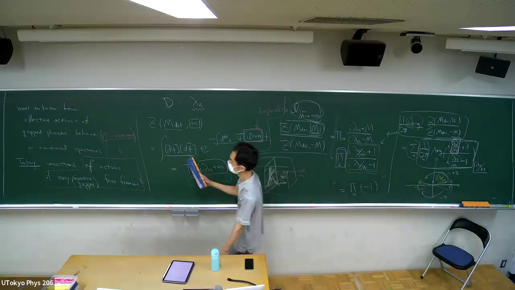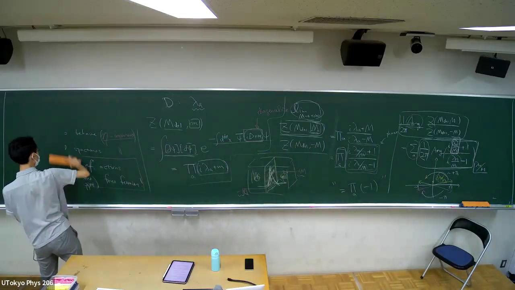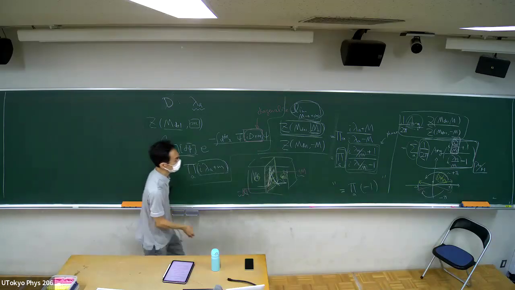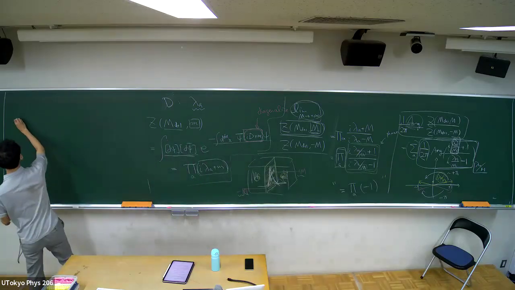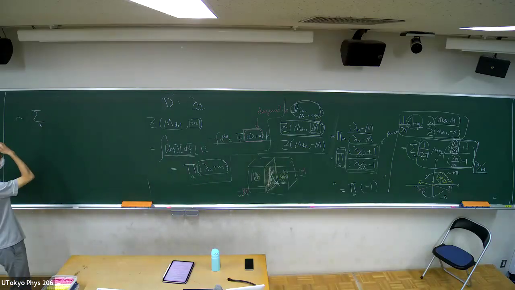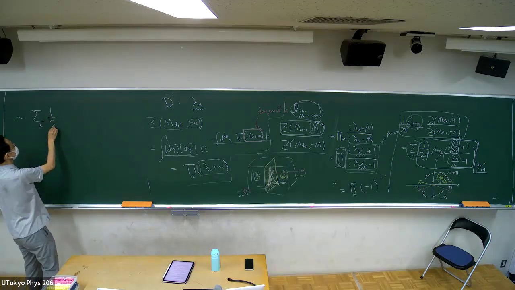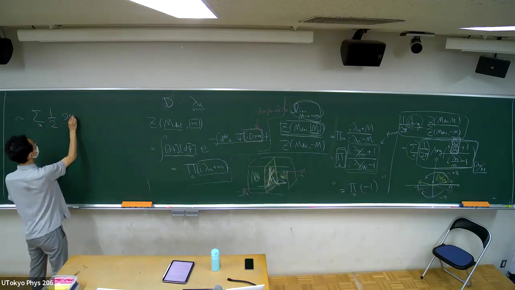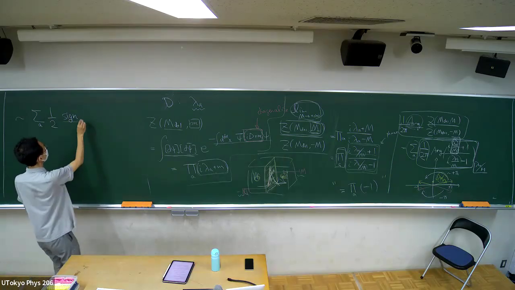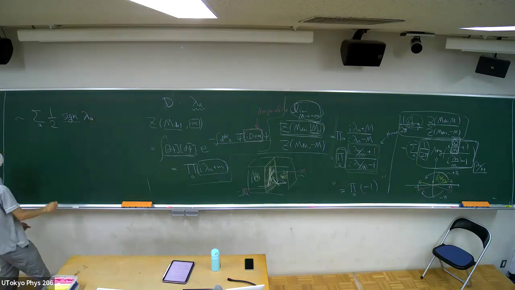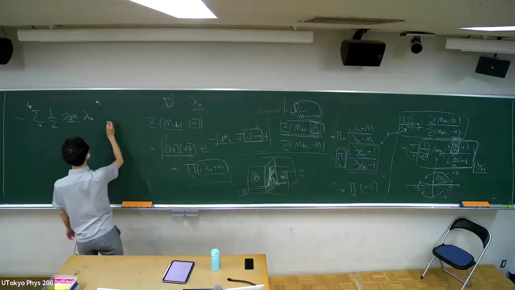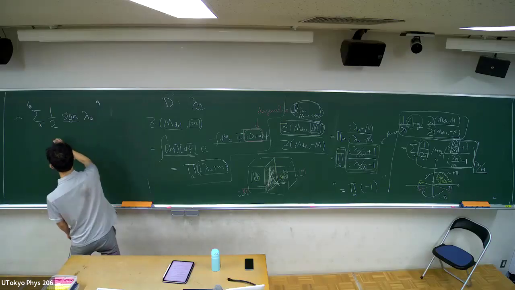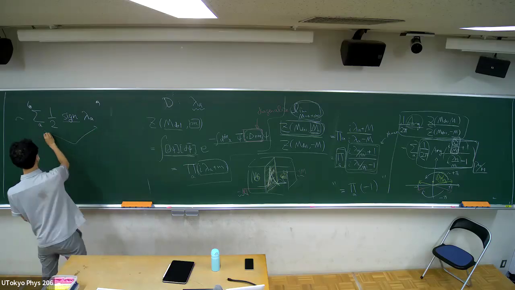So pi divided by 2 pi is 1/2. So it's, in some sense, 1/2 times the sign of lambda a, again, in a very rough sense. And this needs to be properly regularized. So this quote unquote means that you need to regularize.